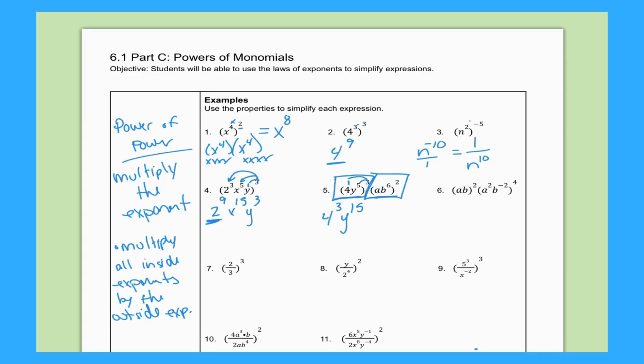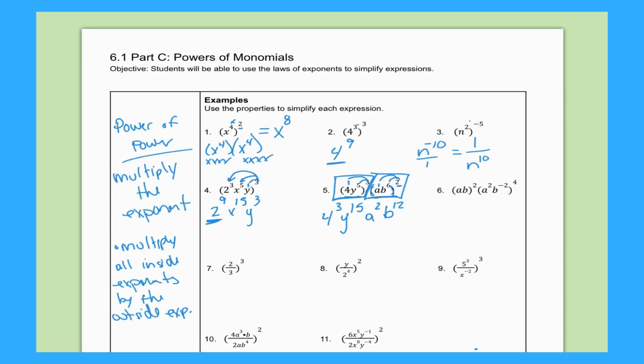Now we're going to go over here. So this 2 is only outside these parentheses. So we can't multiply this exponent of 2 times that 4 on the y, because it's not outside those parentheses. And the a has a hidden 1 again. So 2 times 1 is a to the 2. And 2 times 6 is b to the 12.